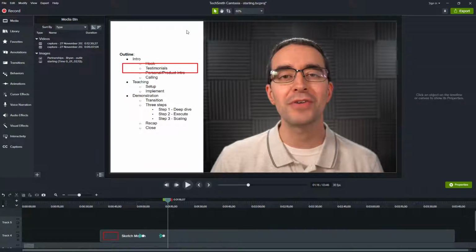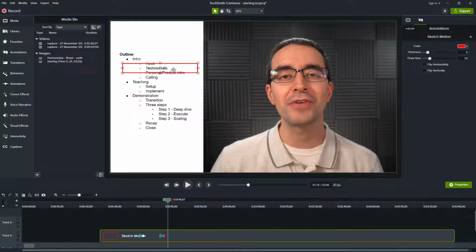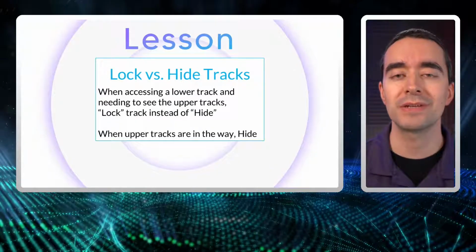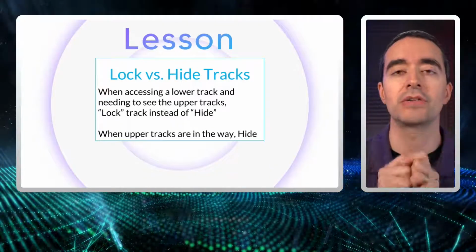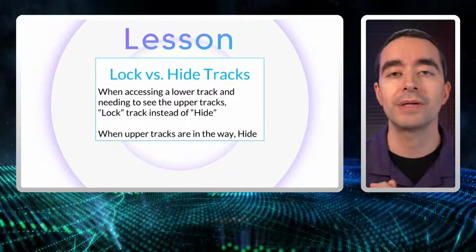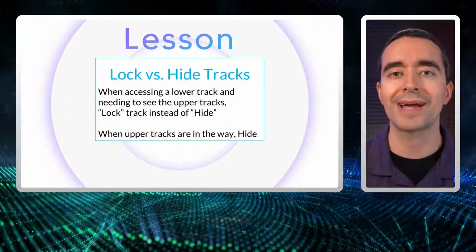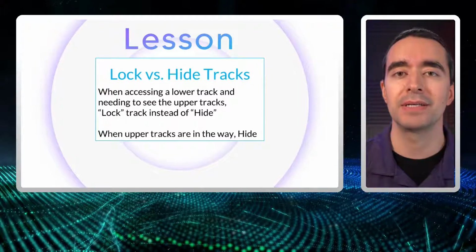If I click any of these other things, I can't select them. The only thing I can select is my sketch motion callout. It's a really handy feature if you're trying to work with a specific item and have a lot of different things around. Lock the other things and just work with that one track without accidentally grabbing something else.